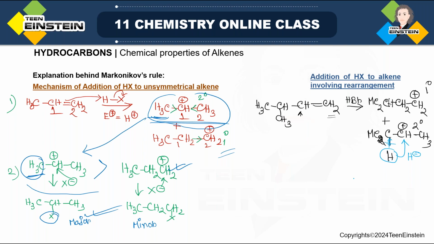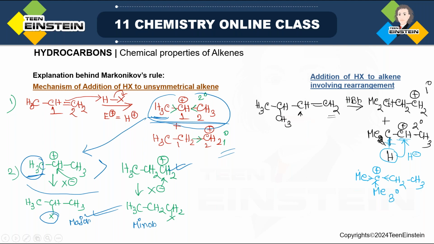Why is it happening? Because if it happens, look at this molecule, you will get this type of carbocation, which is a newly generated carbocation. And here this CH is now CH2 and then CH3. Now look at this carbocation. It is getting a plus I effect from 3 sides, so this is 3 degree.